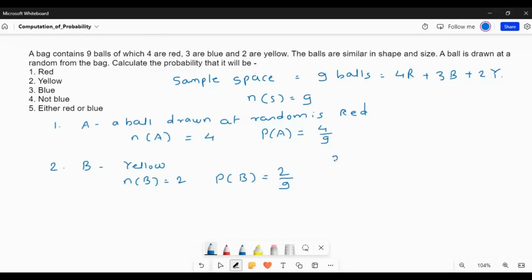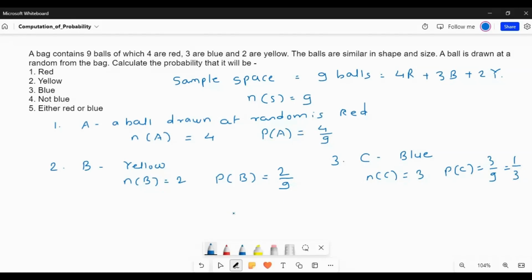Similarly for blue, I will define event C as a ball drawn at random is blue. Here n of C is equal to 3 blue balls, so my probability of C is equal to 3 by 9, that is 1 by 3.